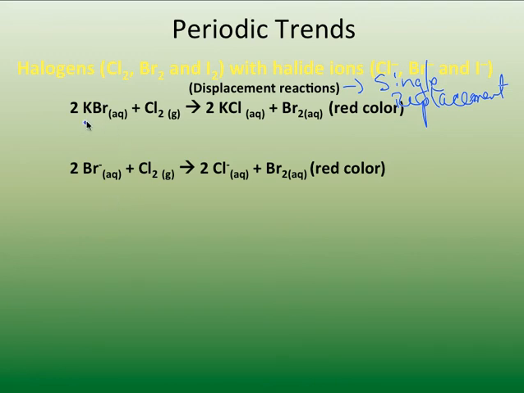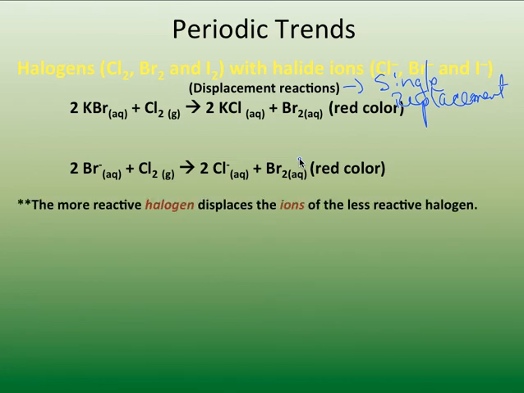So I can have potassium bromide in solution, the bromide ion reacting with chlorine, single replacement. Chlorine ends up being the chloride ion, bromine being the element in aqueous solution. This would be red color because of the appearance of that bromine element.